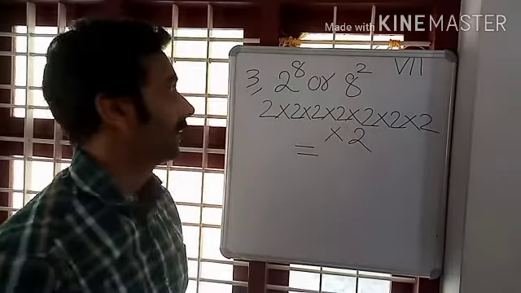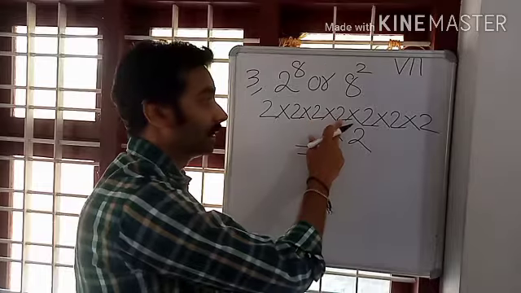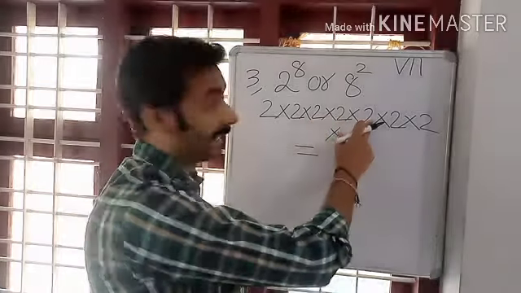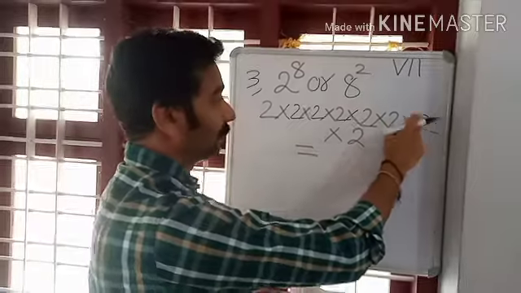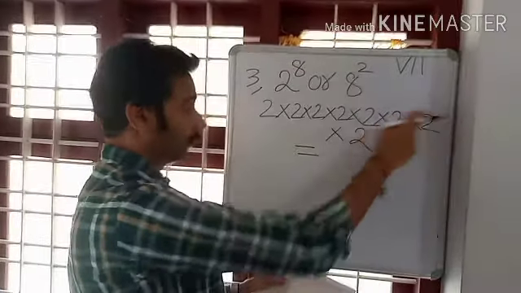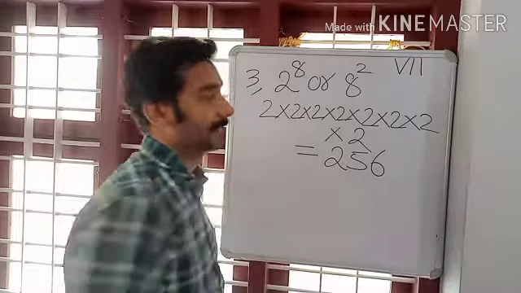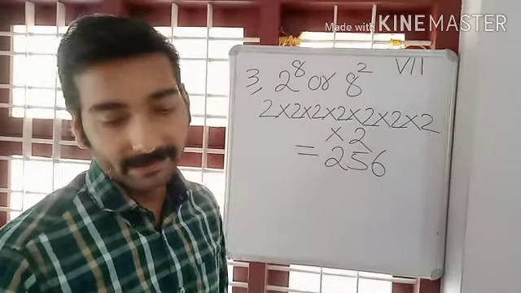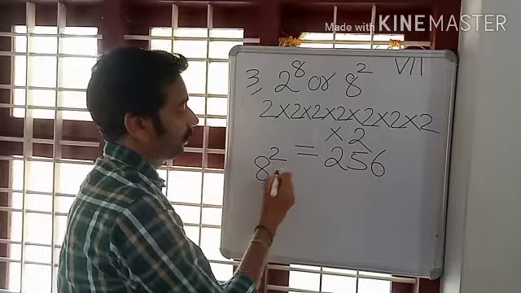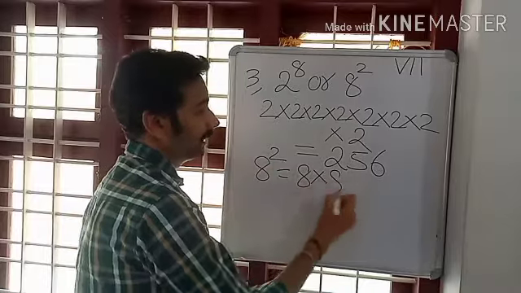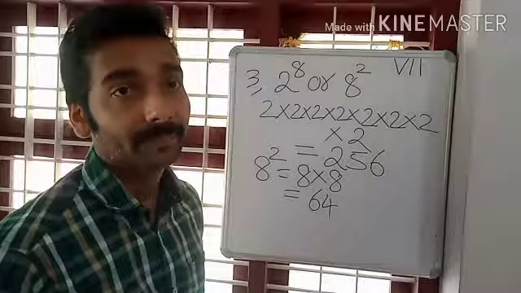You multiply. 2 into 2 is 4, 4 into 2 is 8, 8 into 2 is 16, 16 into 2 is 32, 32 into 2 is 64, 64 into 2 is 128, 128 into 2 is 256. Then 8 squared is 8 into 8, which is 64.